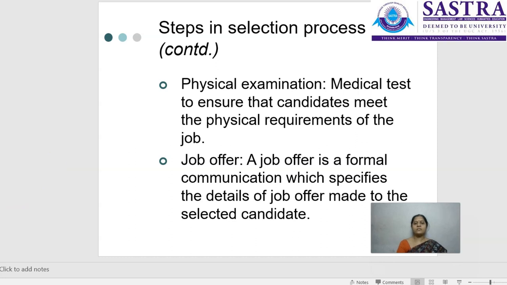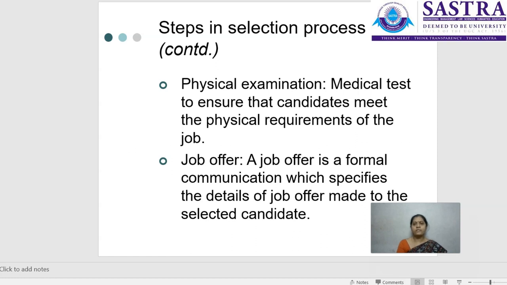So while providing the job offer to the selected candidates, this job offer generally provides information about the job description, job specification, and the reporting authority. So and pay particulars, and also leave eligibility. So all these information will be provided during the job offer.